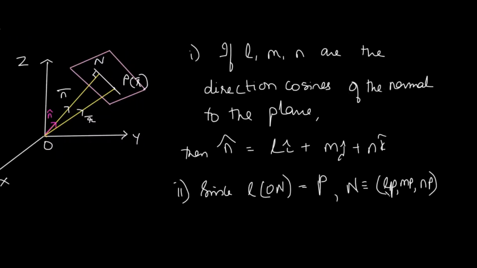As you can see over here, it is LP, MP and NP. So this is the value of the coordinates of the foot of the perpendicular which is drawn from the origin to the plane.